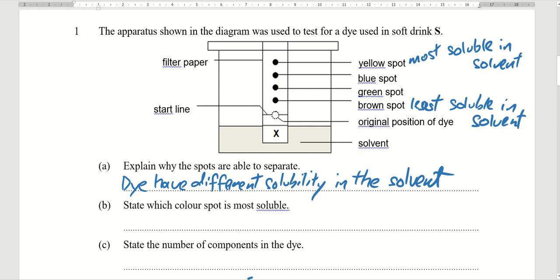When there is different solubility in the solvent, the dyes will move at different rates.